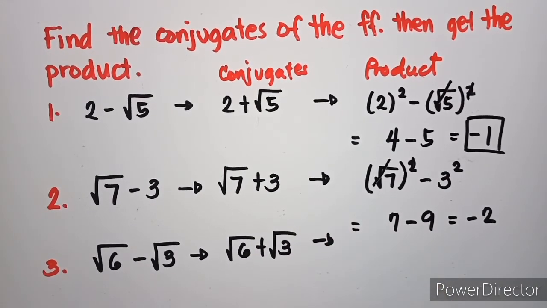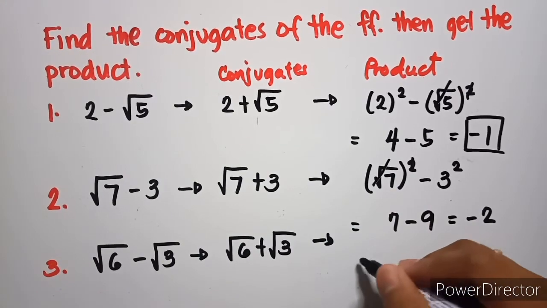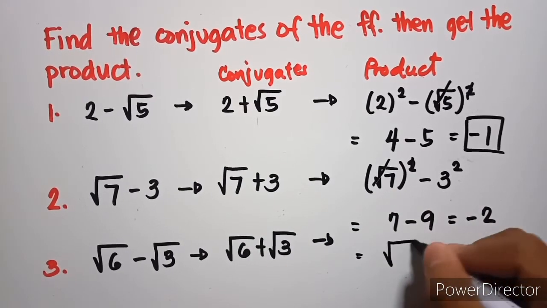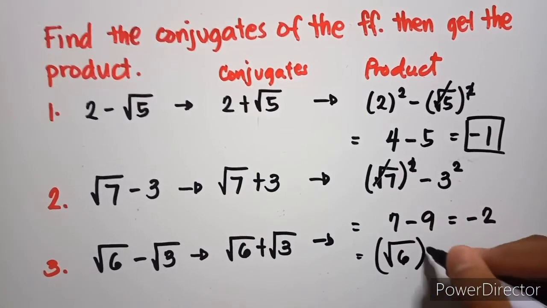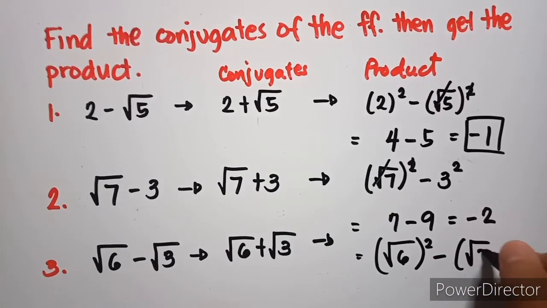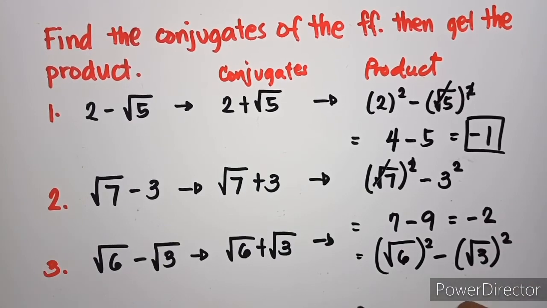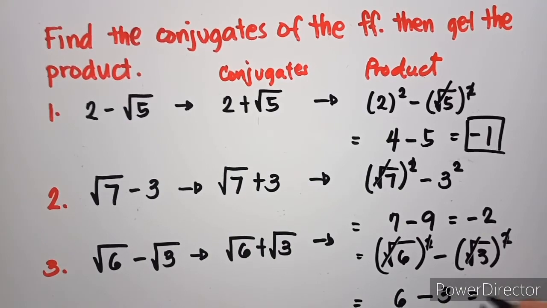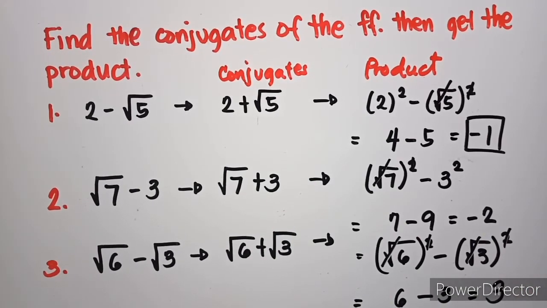Then, our product, so we'll have the first term, square root of 6 squared, minus, lagi siyang minus, square root of 3 squared. So, that is equal to, so you cancel the square root and squared, that is 6, minus cancel the square root and the squared, 3. So, 6 minus 3, the answer is 3.